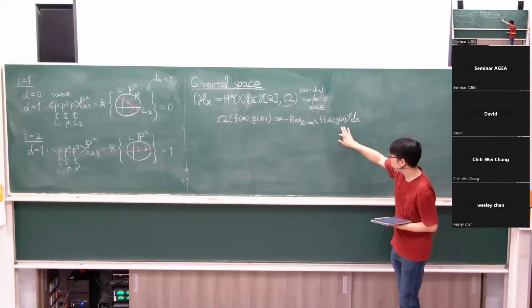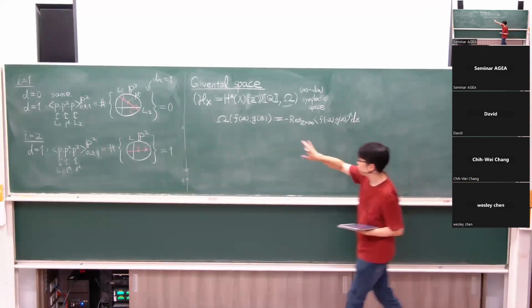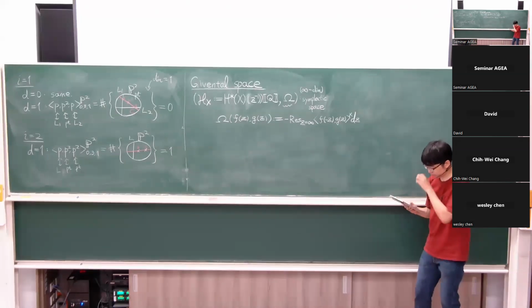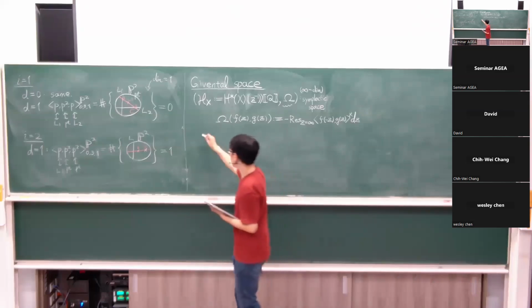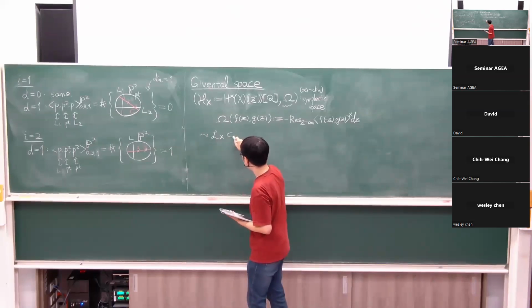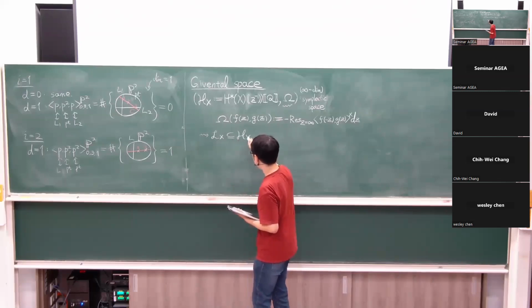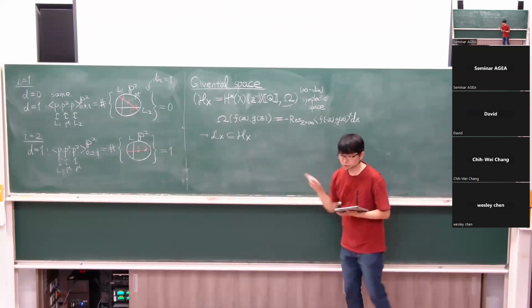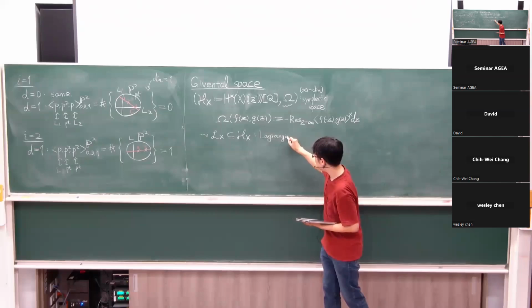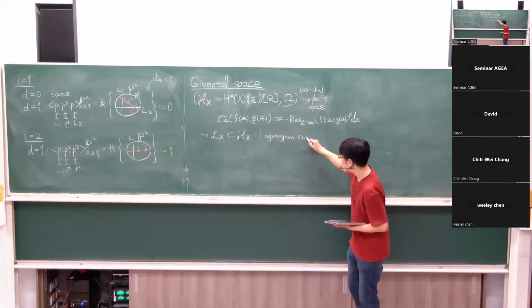This actually defines a symplectic form on this space, H_X. And by using Gromov-Witten invariants, he constructs a Lagrangian subspace, which is called the Lagrangian cone.